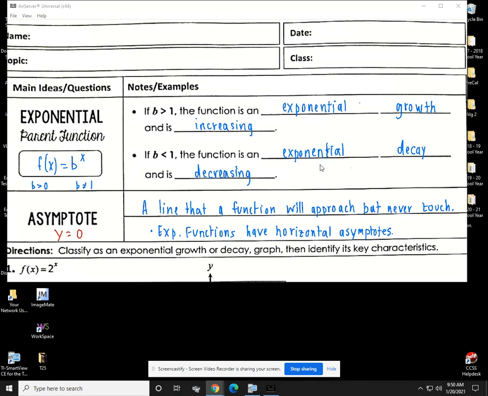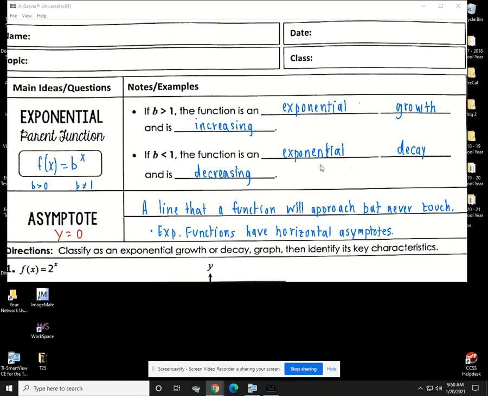Because where does the x-axis cross the y-axis? At 0. Does that make sense? Are y'all following me? So the reason I want you to put that y equals 0 right there underneath that asymptote is that's your basic asymptote for a parent function for all exponential functions. There is one thing that will change that. And we'll talk about that in just a minute.